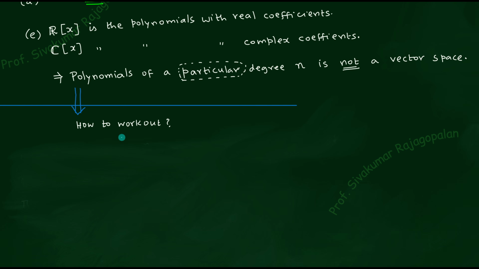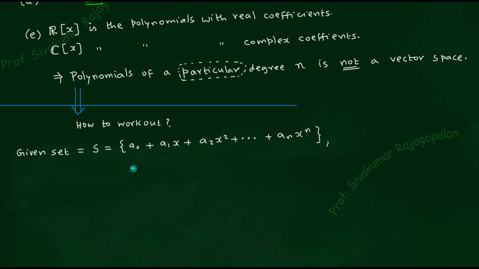Okay, so now let me explain how to prove that it is not a vector space. So the idea is quite simple. Start with the given set. It's the set of all polynomials. So you simply write down that it is the set of all polynomials that look like a0 plus a1x plus a2x squared plus etc. plus an x to the power n, because we say that it's a particular degree.